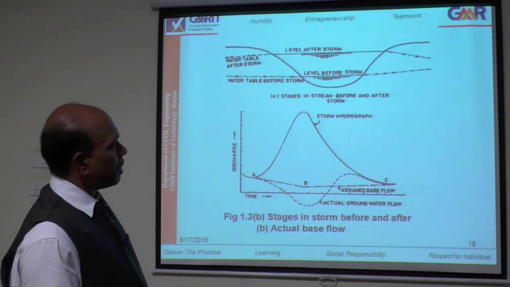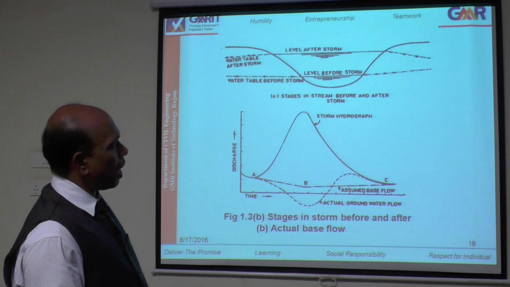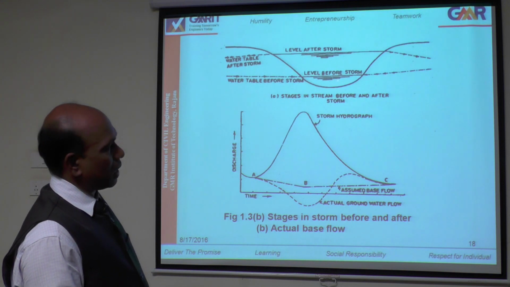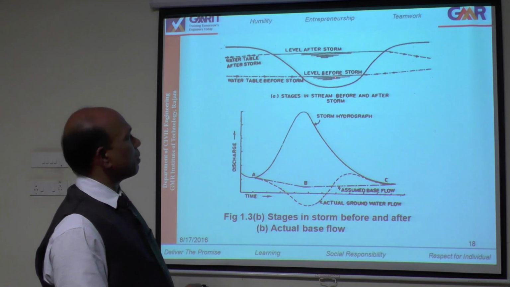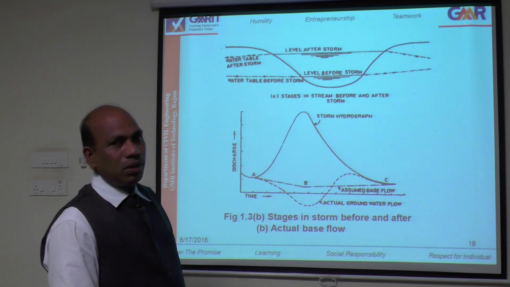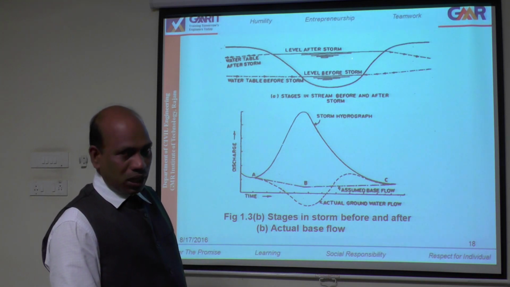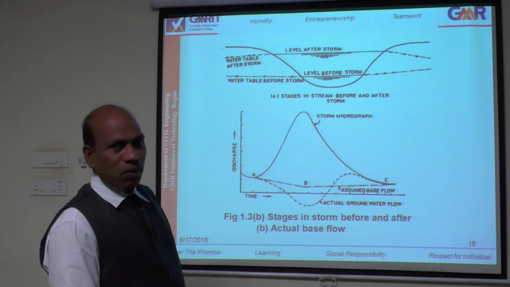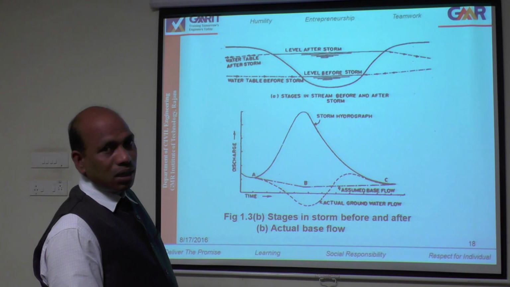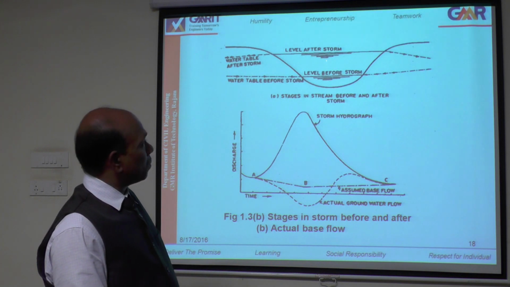In that situation, water from the ground, from the aquifer, tries to enter the stream. Then when there is rainfall on a particular catchment of that stream, the water joins the stream, and the water level may rise from this level to this level.